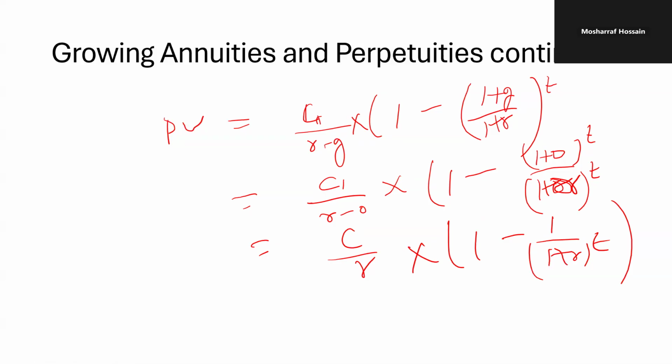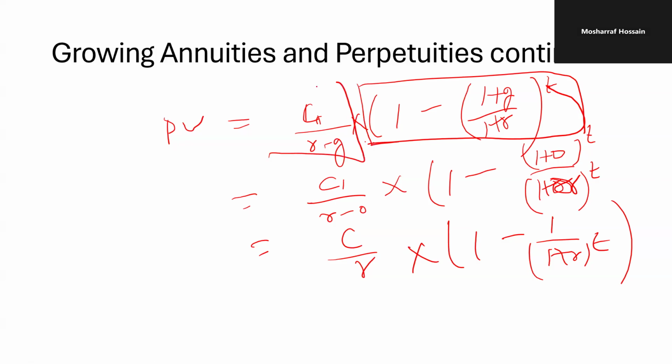For growing perpetuities, you can see this part is the adjustment for annuities, and this part is for perpetuities. So when the number of cash flows is indefinite, for a growing perpetuity we just take the first part, which is C1 over R minus G. This is the perpetuity.